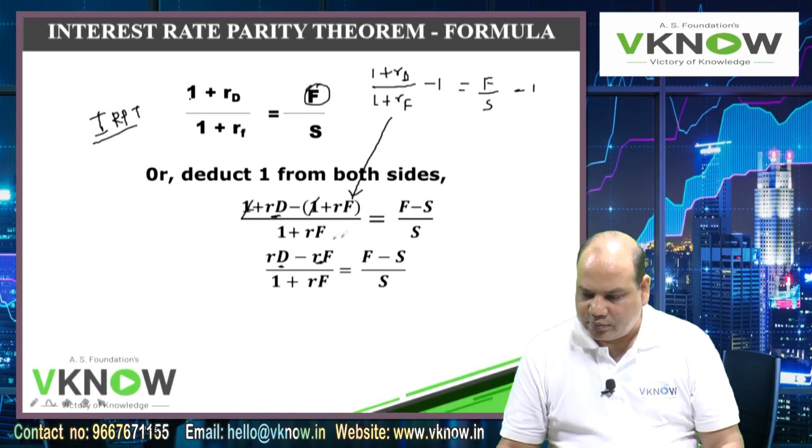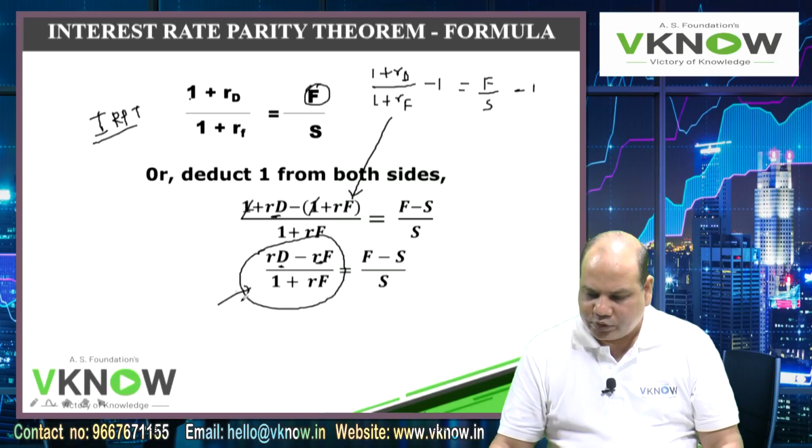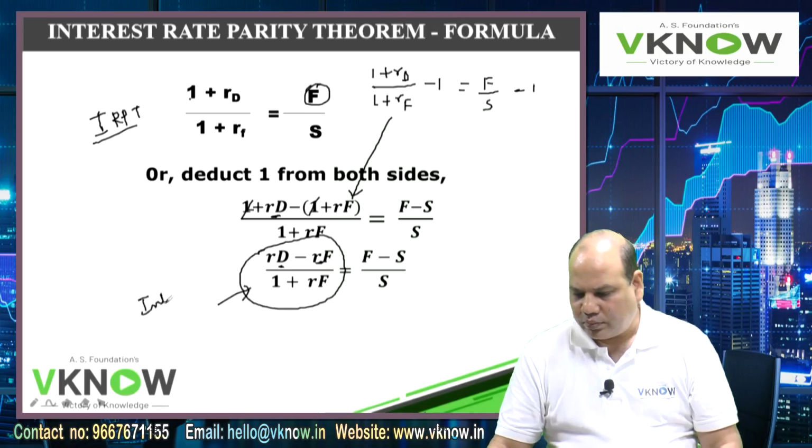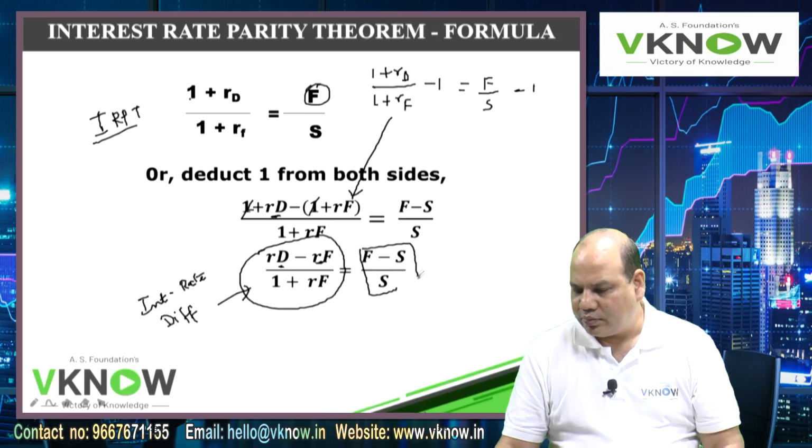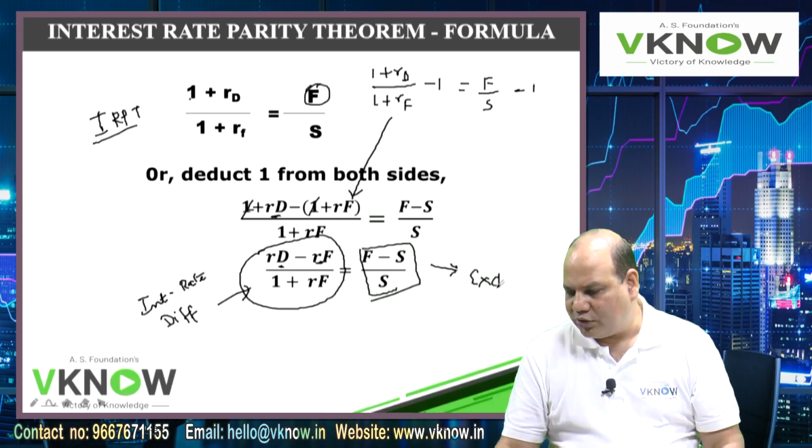Denominator is same and the right side is same, F minus S upon S. This RD minus RF upon 1 plus RF is called interest rate differential, and this F minus S upon S is called exchange rate differential. Now it is proved.